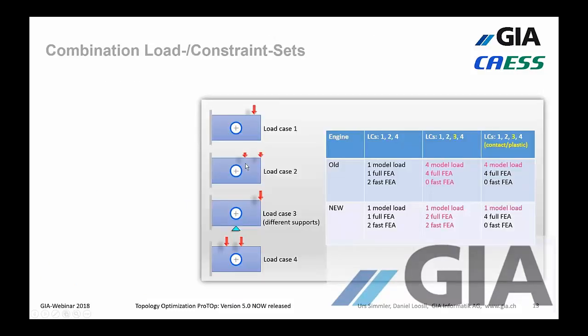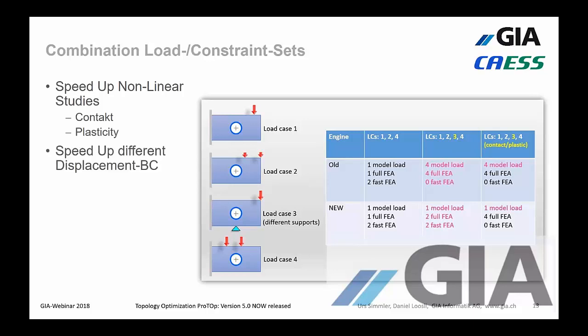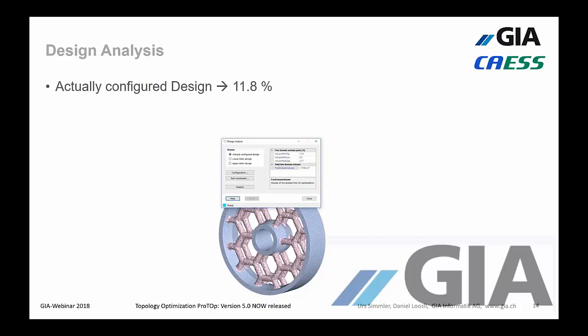New capabilities of combined load and constraint sets give us a speed up of the solving process, and especially when it goes for contact or plasticity analysis, we can really speed up the solving process. A new capability is the design analysis.